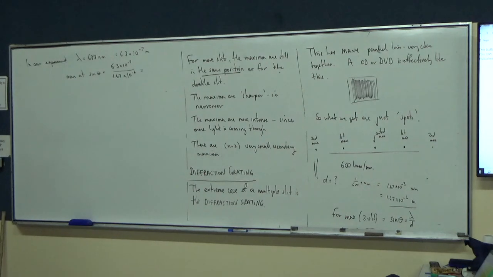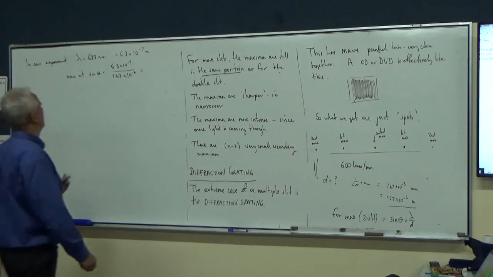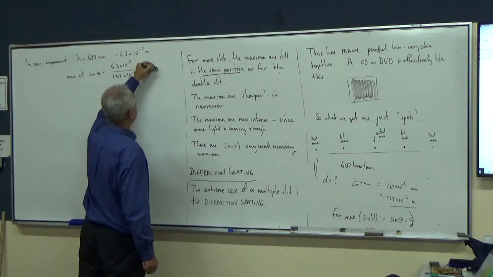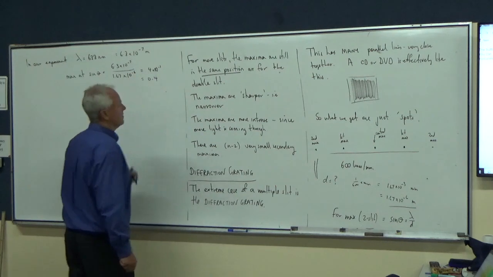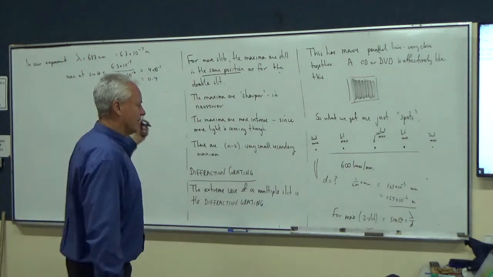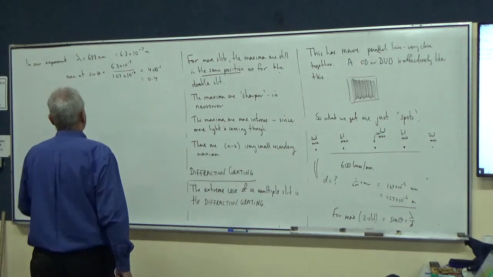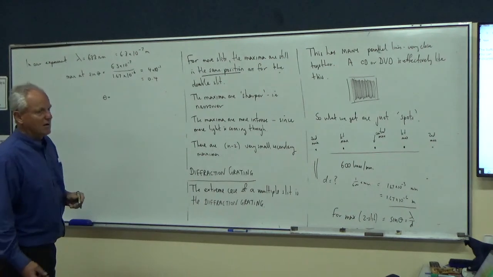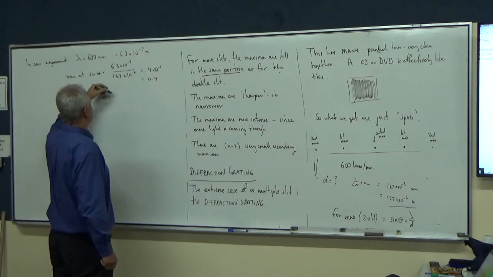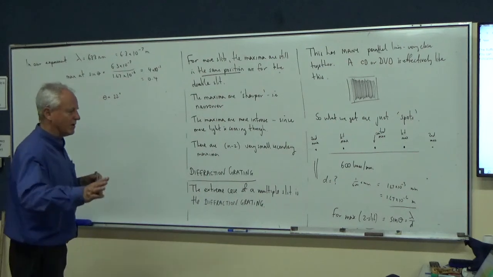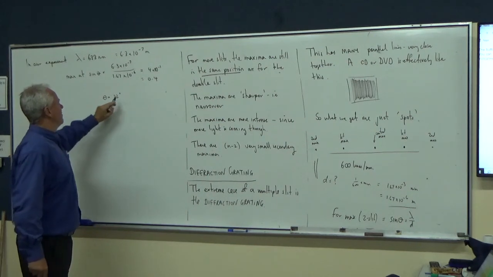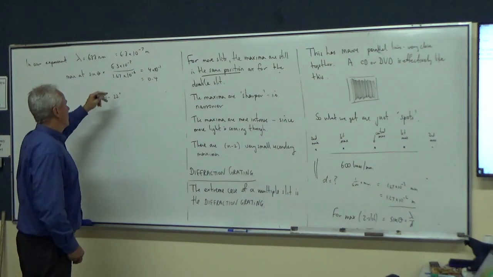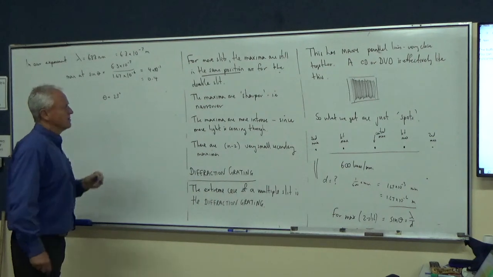What's that going to be? Pretty much 4 lots of that, so 4 by 10 to the negative 1, which is 0.4. The reason I hesitated there was I thought I was going to get a sine theta bigger than 1. If sine theta is 0.4, theta equals, I'm not sure, 22 degrees. I won't bother calculating it, but it's something like that, probably more. I know that sine of 30 is 0.5, so it's about 23 degrees.